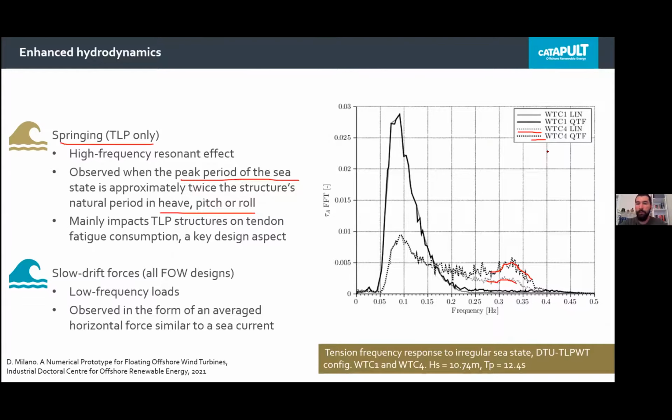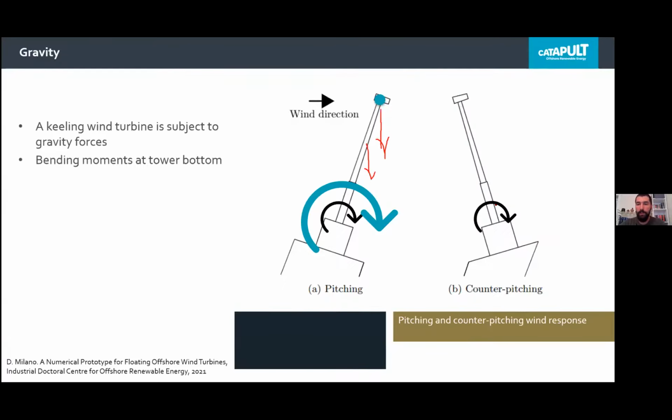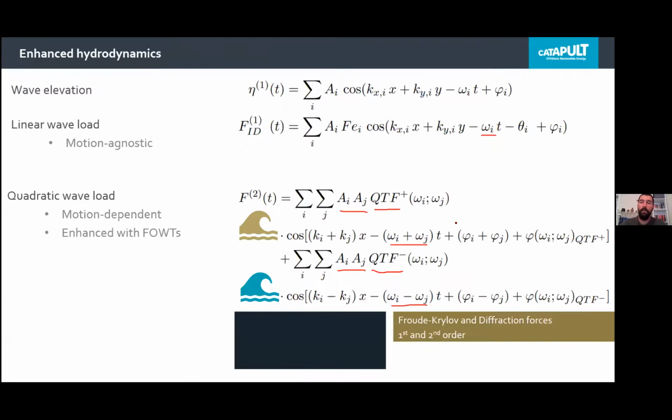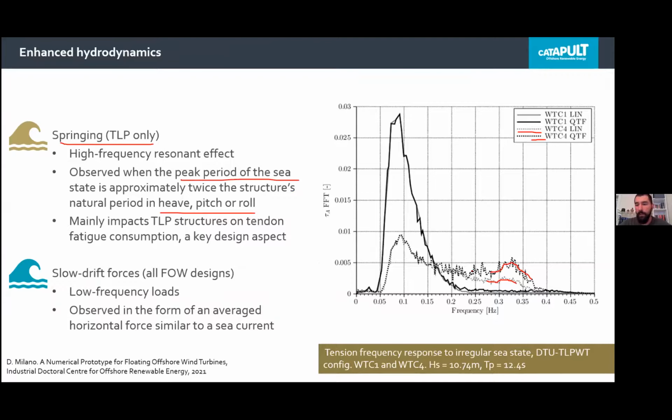If you remember from what I showed previously, WTC1 had vertical tendons, WTC4 had significantly inclined tendons. So what I noticed was that on inclined tendon configurations, springing started having a stronger impact in comparison with the non-dotted lines, the continuous lines, where springing doesn't show a very big difference over here.